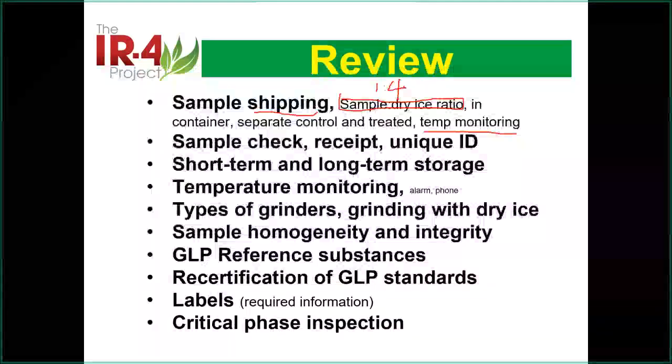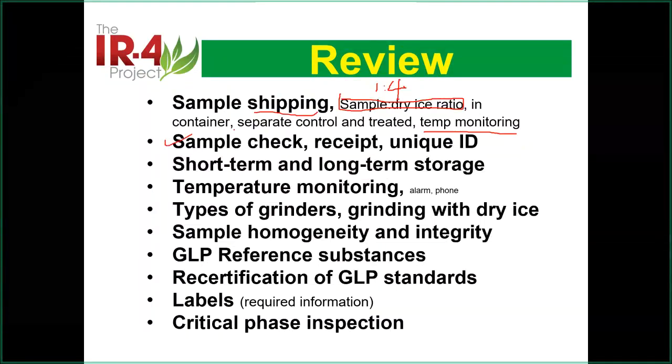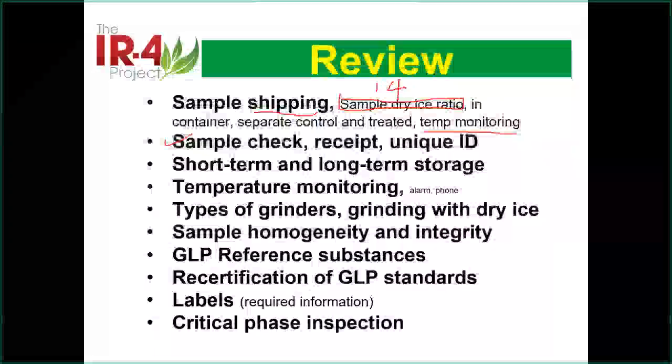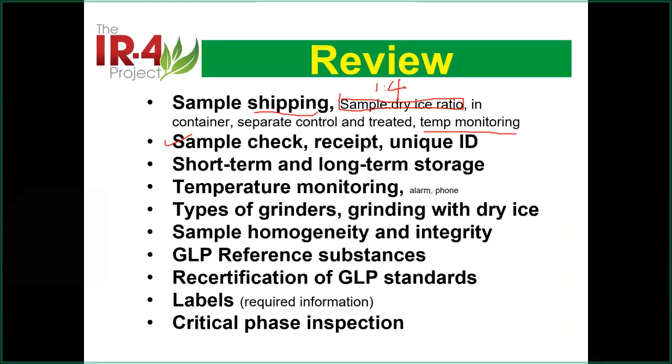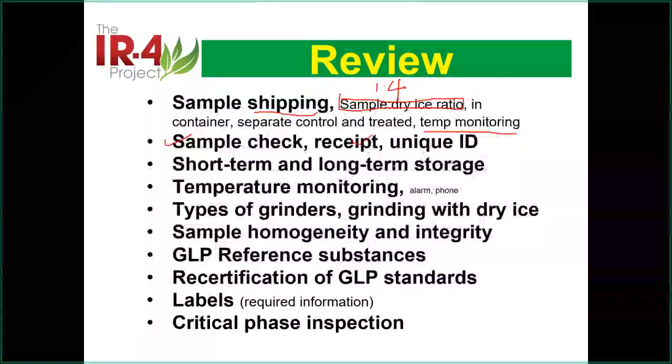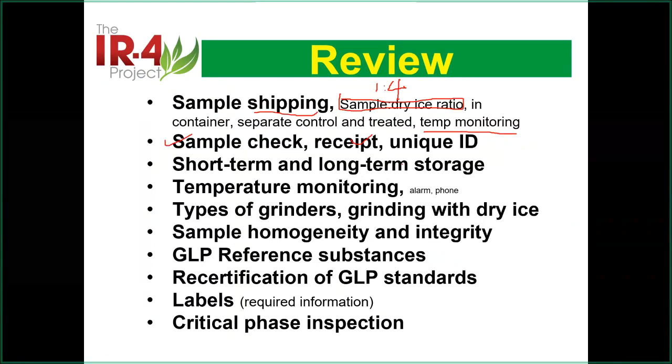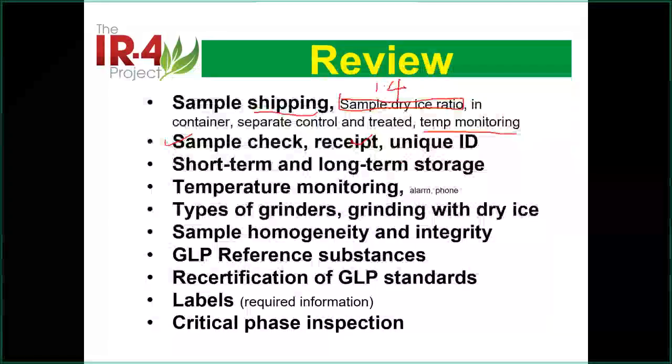Okay, next we talk about a sample. We check the sample when the sample arrives in the laboratory. So what you need to do, you need to check against the protocol, check against the shipping documents, and you send the receipts to related parties like the field people, QA, study director, and sometimes the management if the management is in a different location.